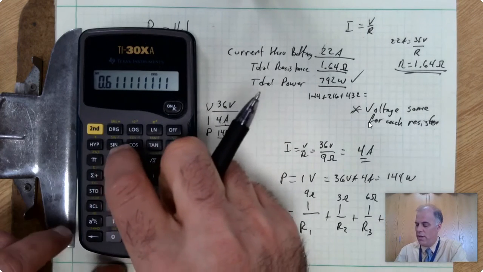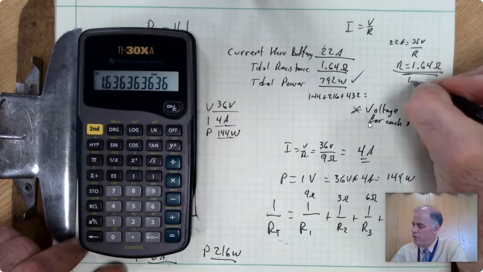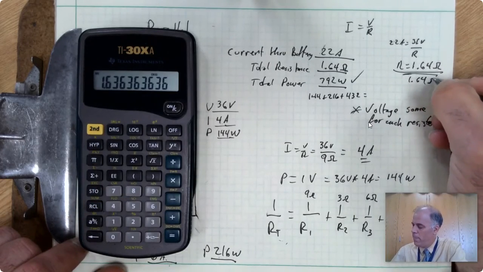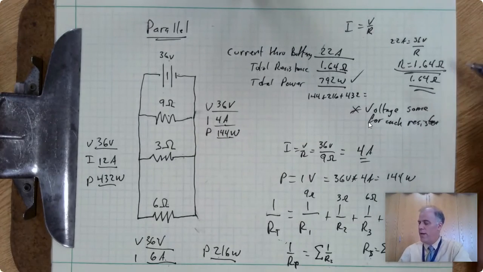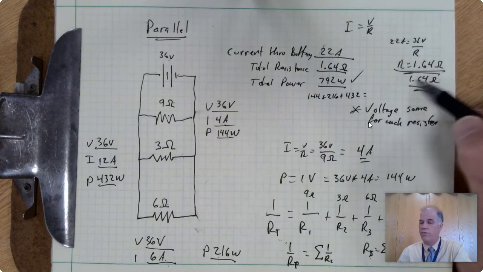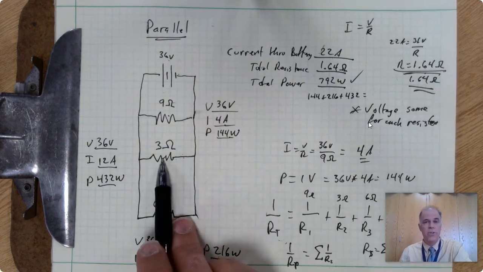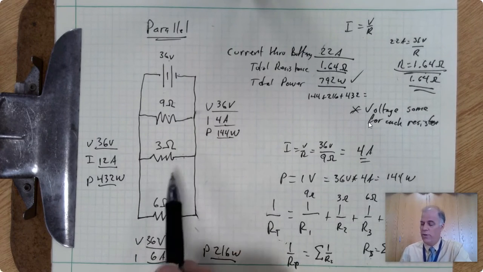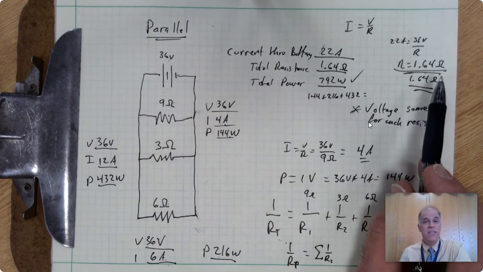So we have to take the inverse of that, and we get 1.64 ohms. So we did it right. One thing I will point out, this is a final check to make sure that we have it right. Notice that the total resistance for the parallel circuit is less than the smallest resistance in the circuit. The smallest resistor in here is 3 ohms, and the total equivalent resistance is less than that.